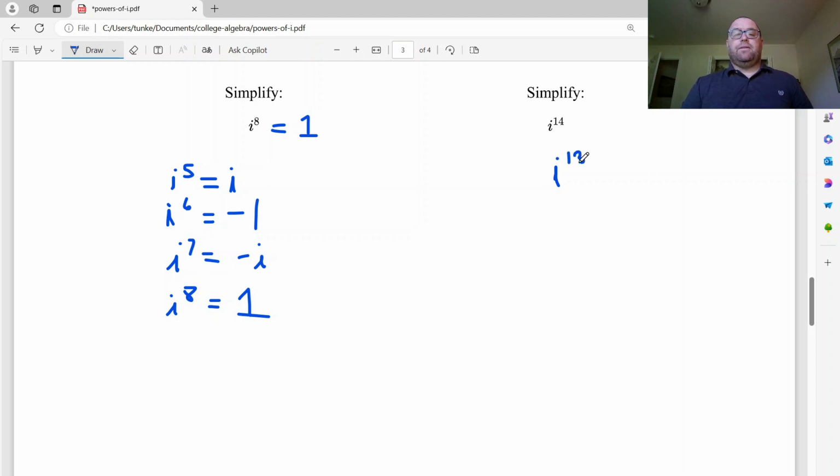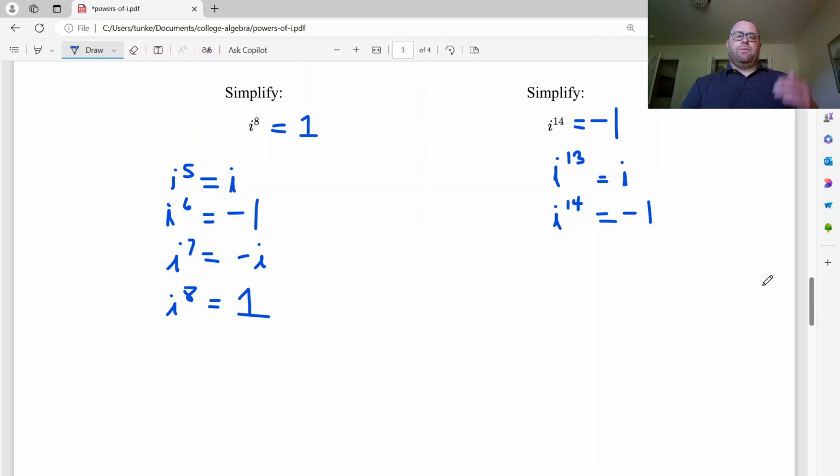So i to the 13th is going to be equal to i, and i to the 14th is going to be equal to negative 1. So that equals negative 1.